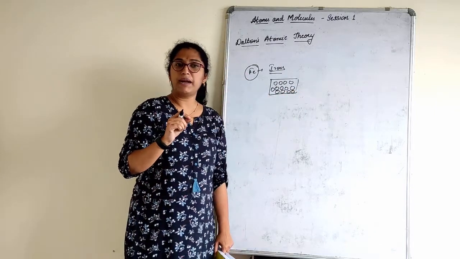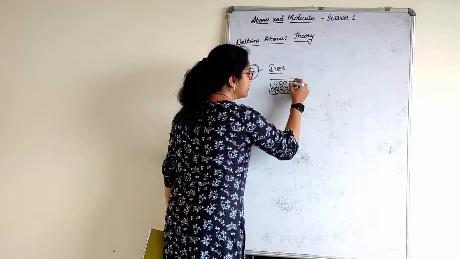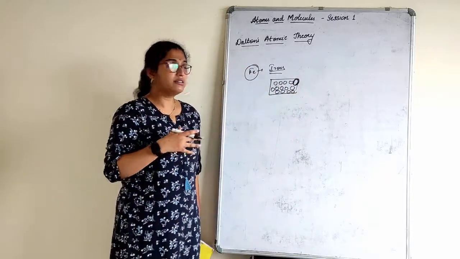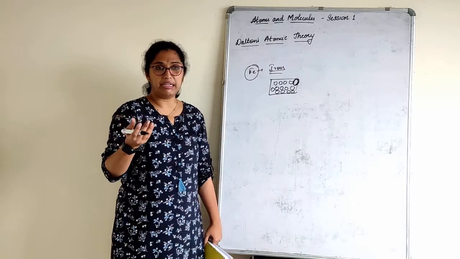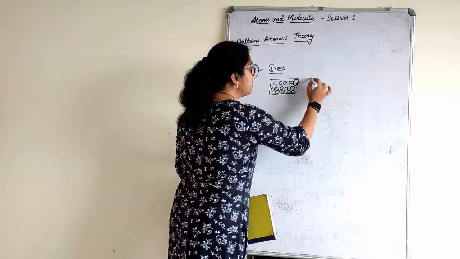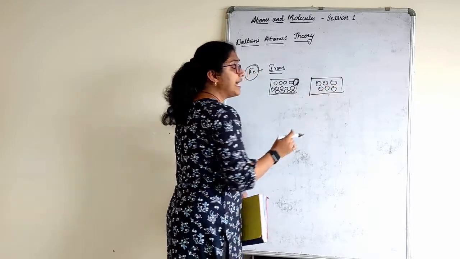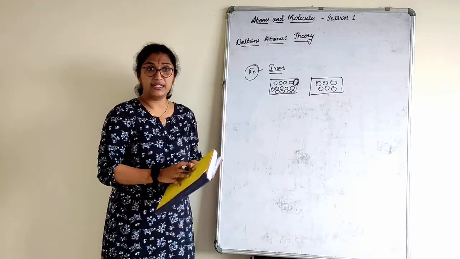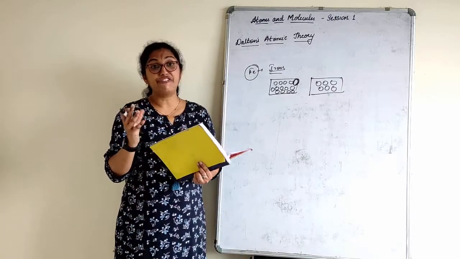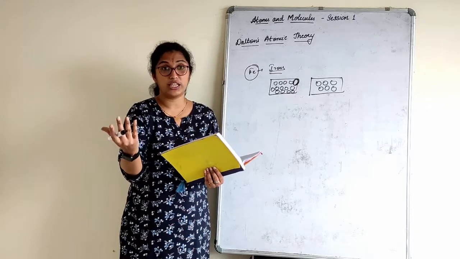Identical in shape, identical in size, everything. Suppose there is one more atom which is coming, such a big one, if it is not an iron atom, not possible, right? Iron will have all iron particles only. Another element will have all the same properties, same mass, identical shape and size, right? But if it is different, then it is a combination of something else, and then it will change.